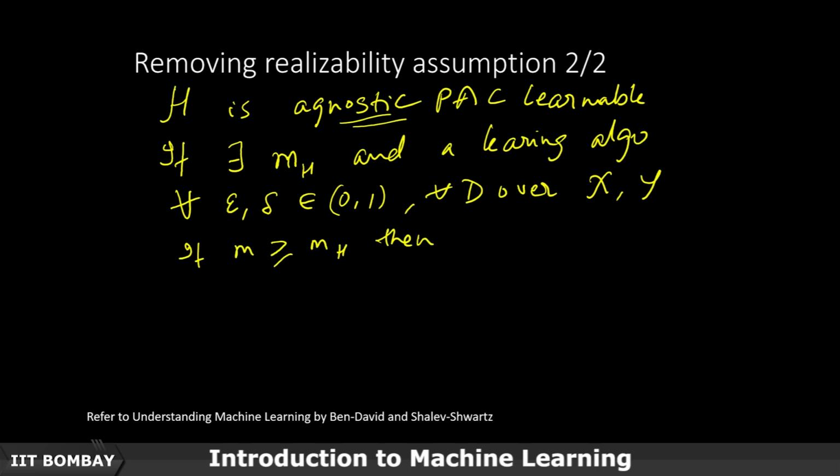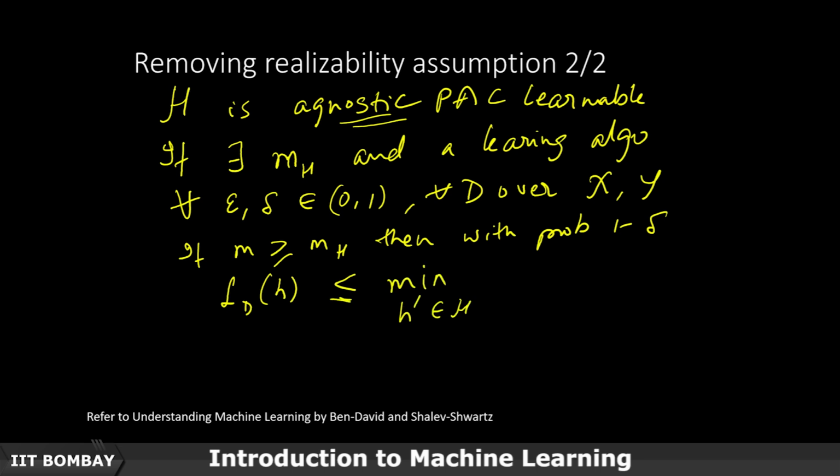with probability 1 minus delta, L_D, the risk of h, is less than or equal to the minimum over h' taken from H of L_D(h') plus epsilon. So there is some true minimum risk.